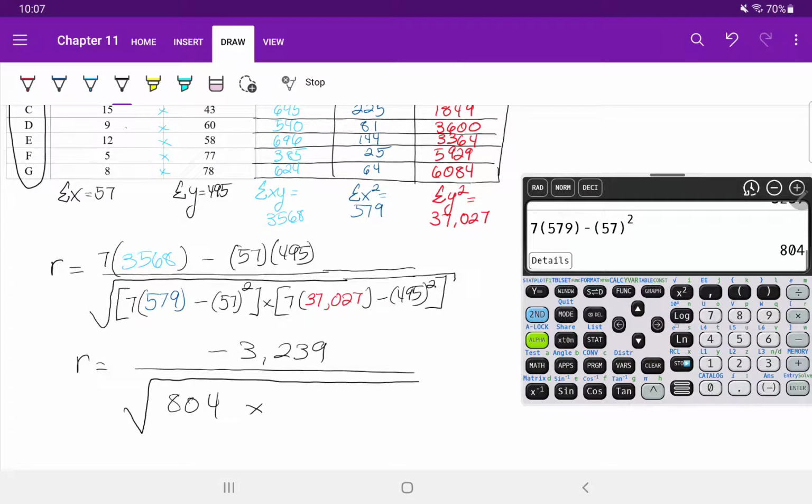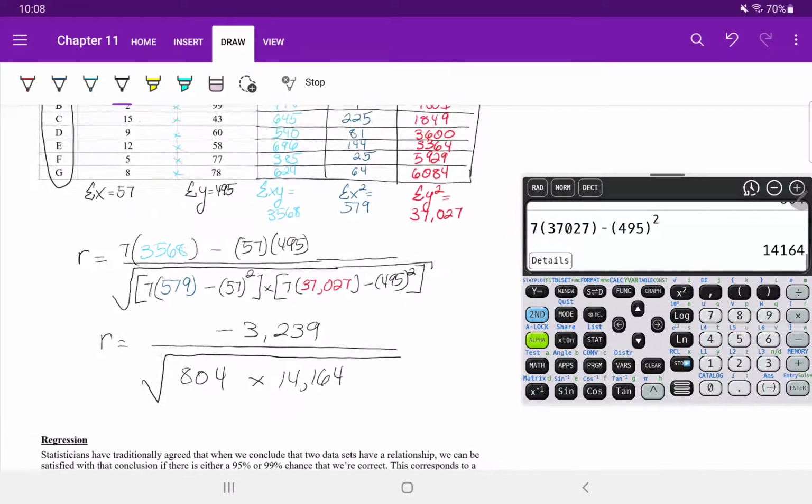And let's do the same thing for the next bracket. That is going to be 7 times 37,027. Close that up. Minus, open parentheses, 495, which is being squared. And that equals to 14,164.